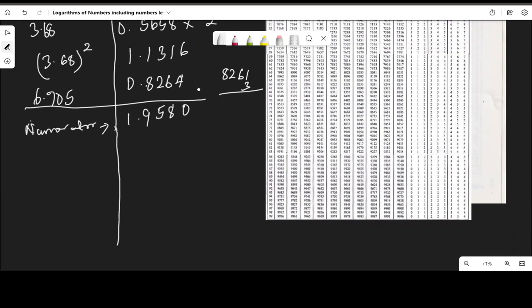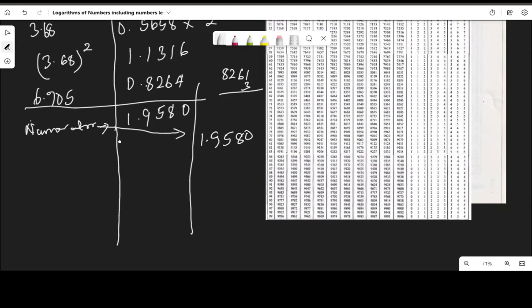For the denominator, to make our work clearer, let me write the numerator here: 1.9580 for the numerator, and we point an arrow to that.